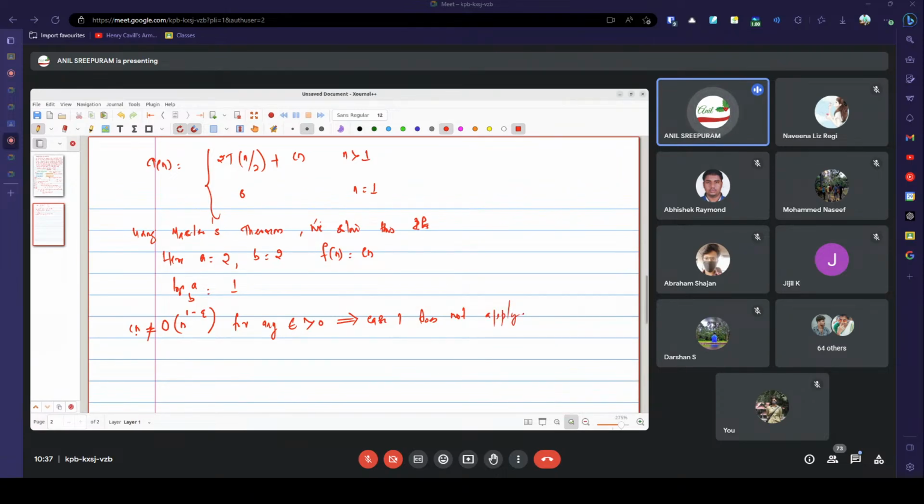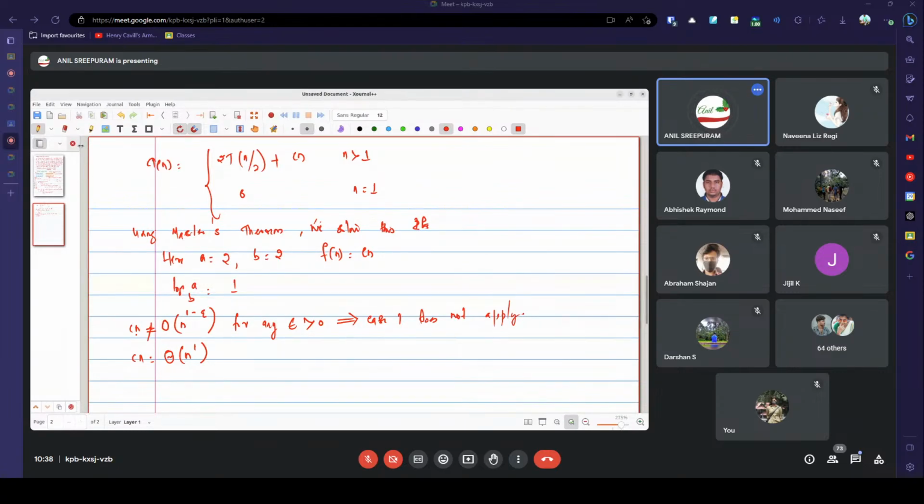Now case 2: check whether f(n) equals theta of n power log a to the base b. n power log a to the base b is 1. Now this is right, because Cn has a similar growth rate. The tight bound is theta n.